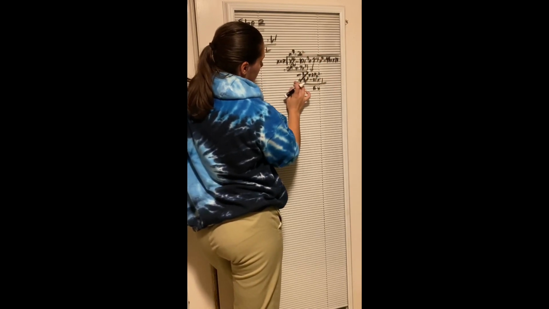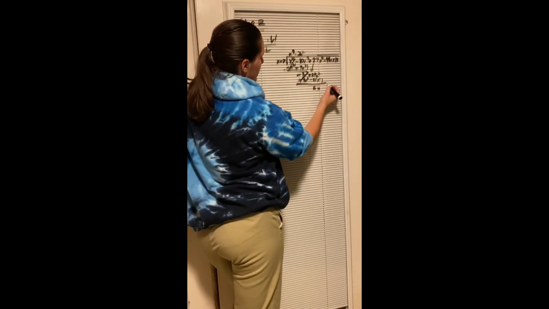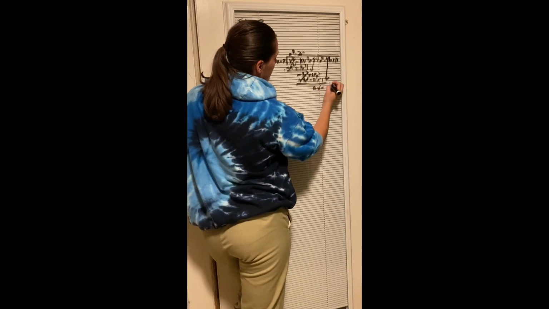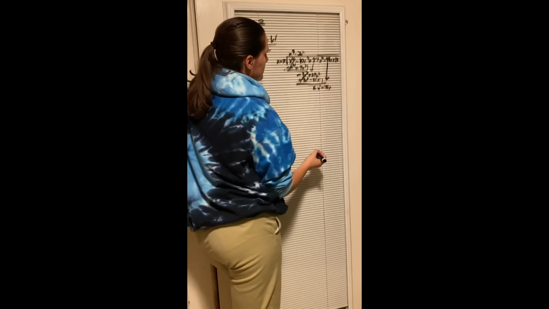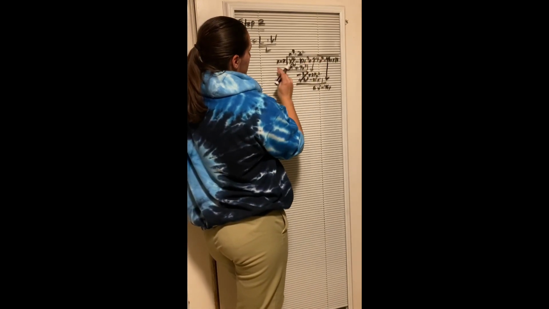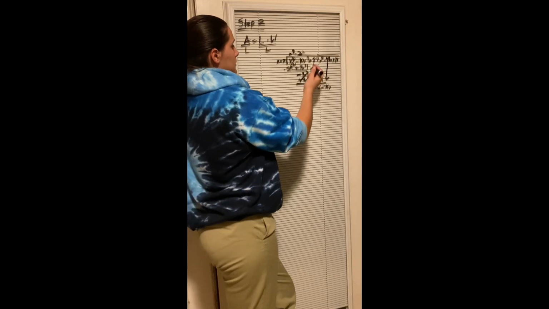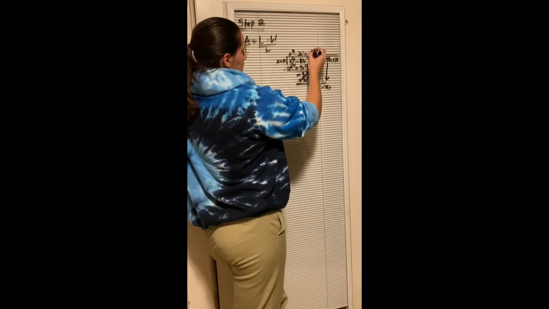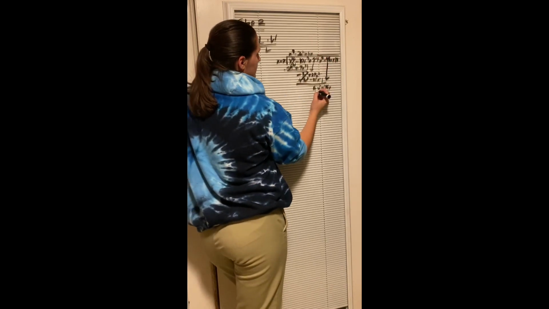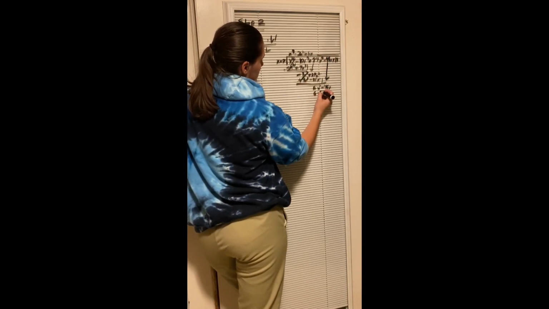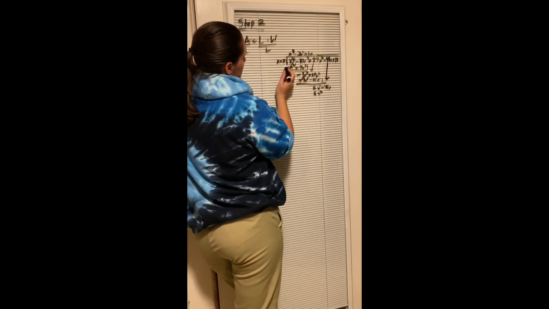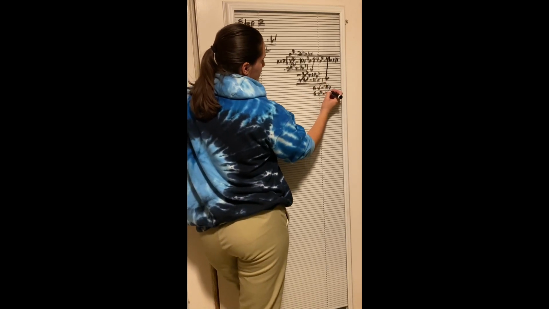Leaving you with 6x squared. So you bring down your next term, which is negative 46x. x times what equals 6x squared is 6x. So you take 6x and get 6x squared. 6x times negative 7 is negative 42x.